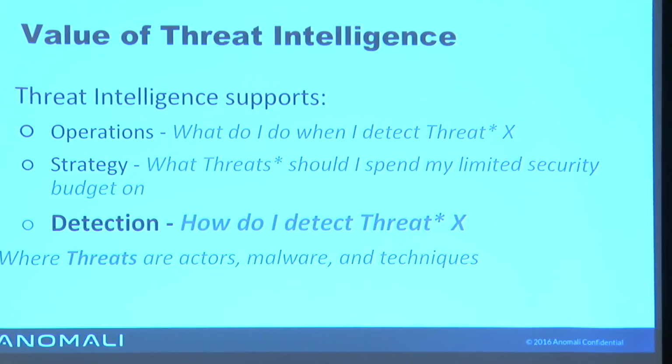Strategy is more along the lines of what threats do I have and what should I be doing in a much larger and holistic sense to deal with these threats. Should I be applying two-factor authentication to everything because I'm dealing with a lot of compromised credentials? Things of that nature. But then the last part, and what we've been talking about mostly, is the detection area. How do I detect threat X?